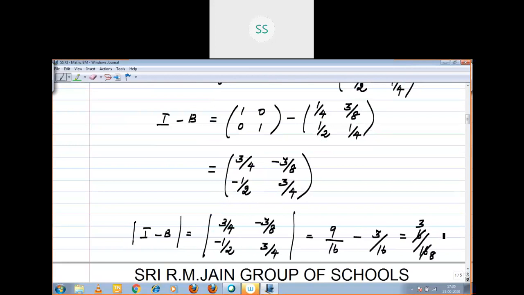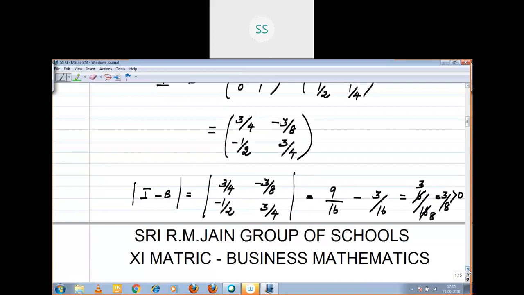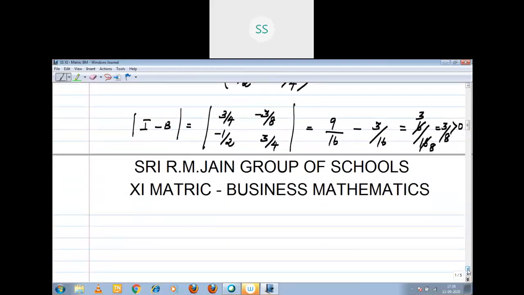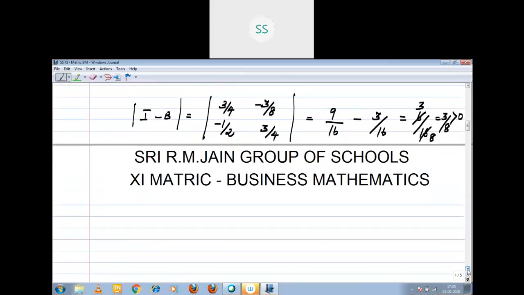You have to cancel: 2 threes are 6, 2 eights are 16, which is equal to 3 by 8, greater than 0. So the main diagonal elements of I minus B are positive and the determinant is also positive. Therefore, the system is viable and it has a solution.